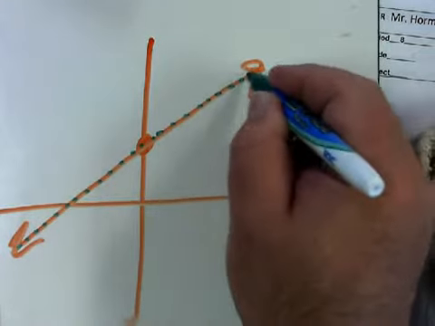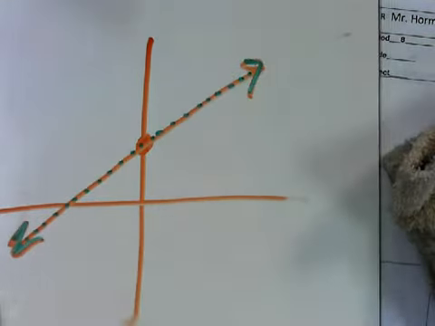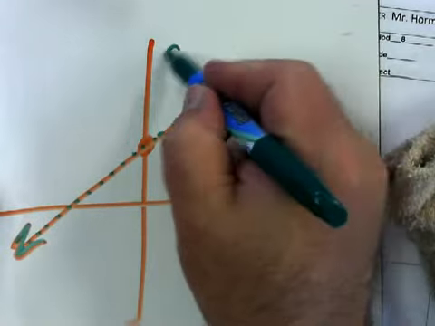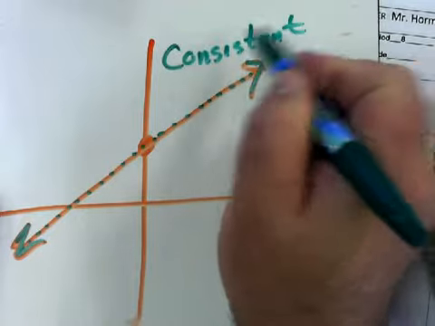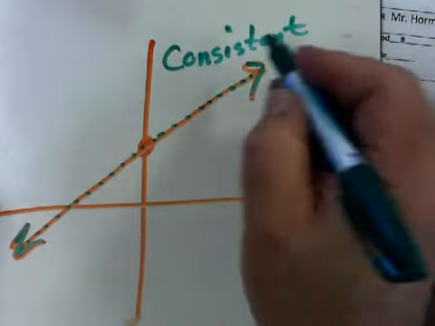They would be the same exact line, wouldn't they? We have a special name for those. They are called consistent and dependent.